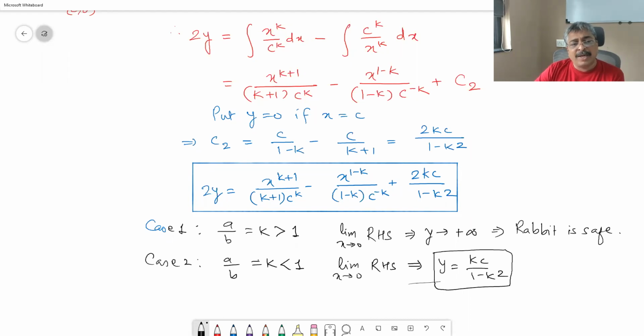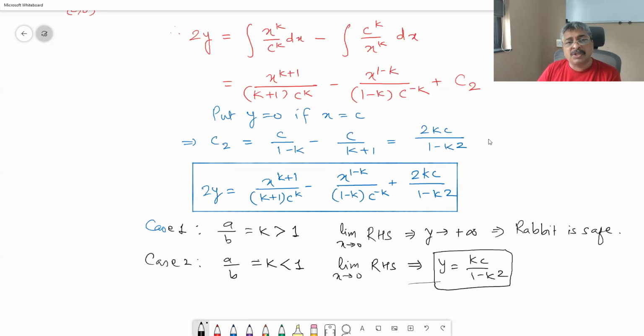If the rabbit hole on the y-axis is at a lesser distance than this quantity, k upon 1 minus k square times c, where c is the starting point of the fox, then your rabbit is safe. Otherwise, the rabbit will be caught by the fox. That is case 2.